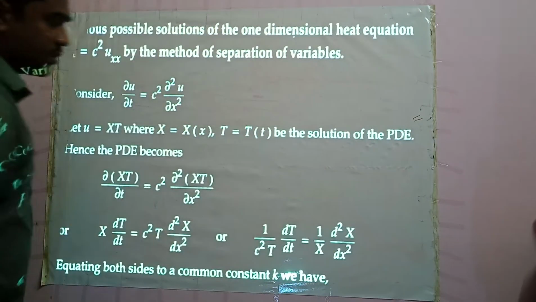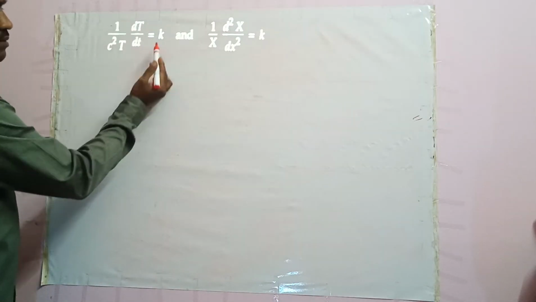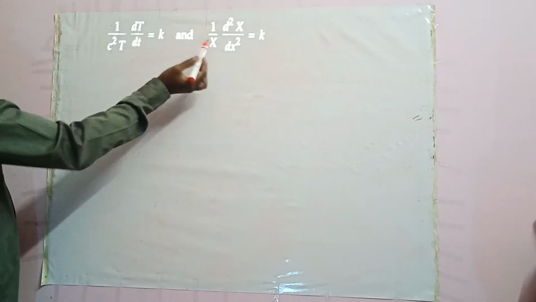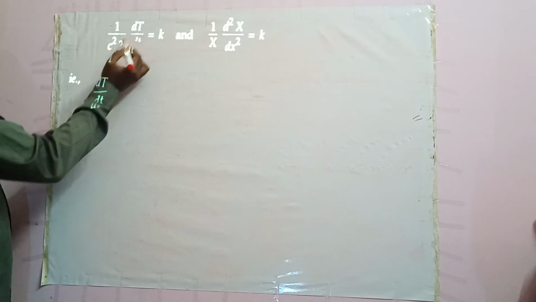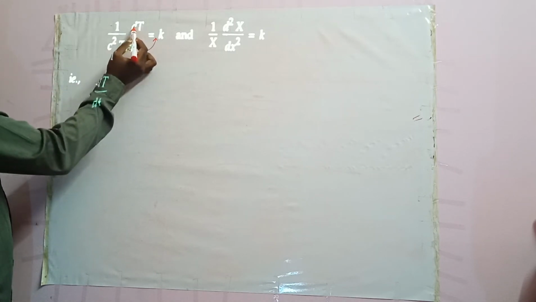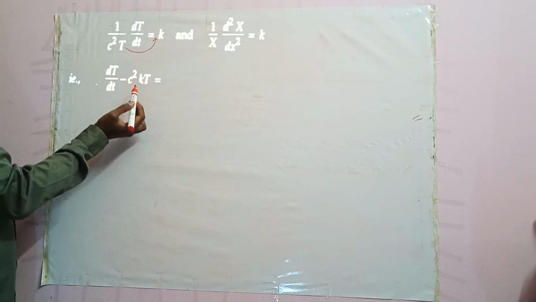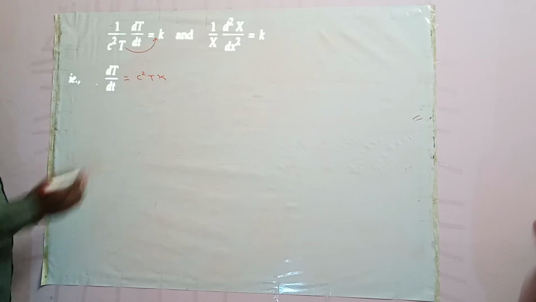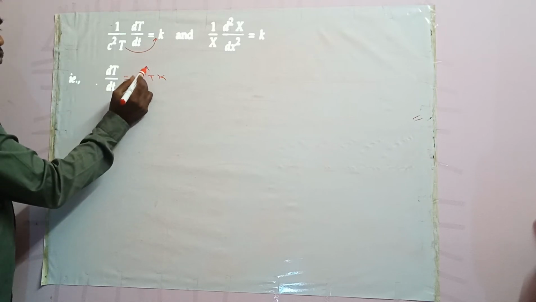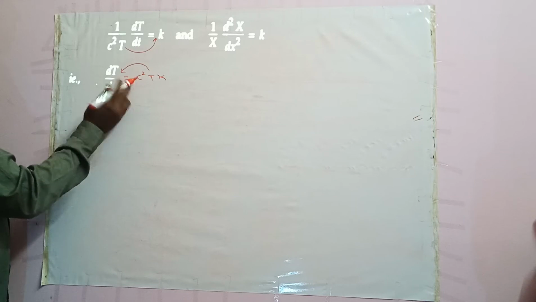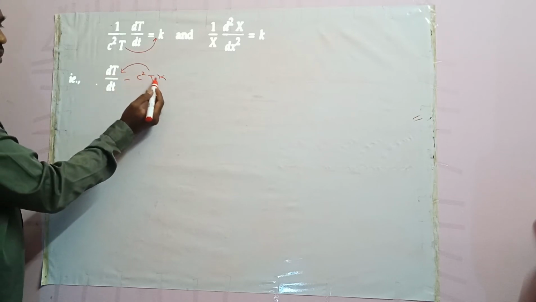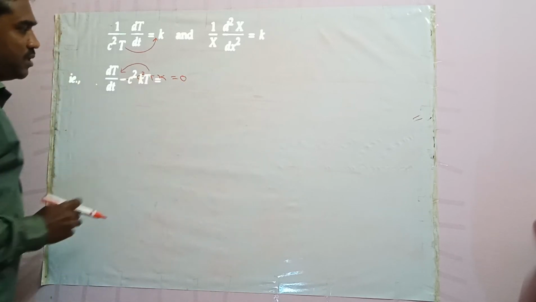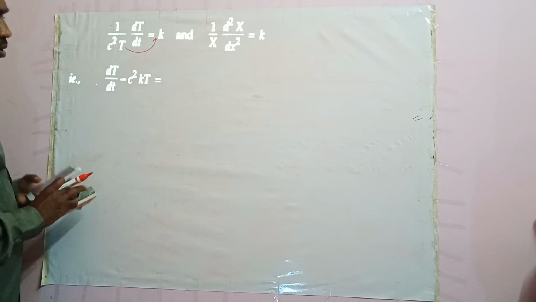We have taken both of these as k. Now cross multiply: dT/dt = c² T k. Taking this whole thing to the LHS, we get dT/dt − c² k T = 0.